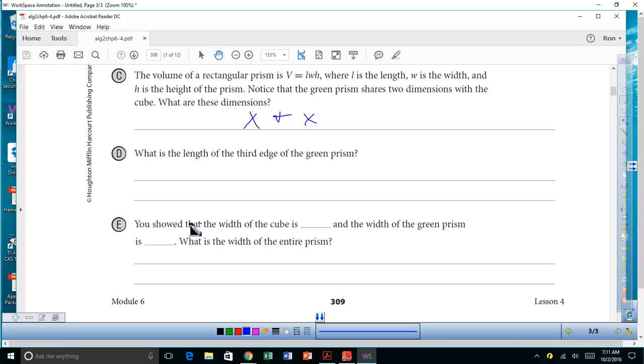It said the volume of the green prism was 2x squared, right? And right here we say it's x and x, so x times x. That gets rid of that, and you're left with 2. And that's the length of the last edge, 2.